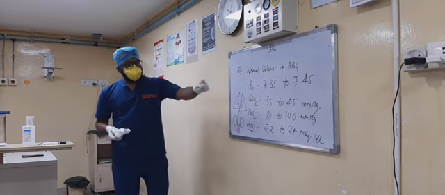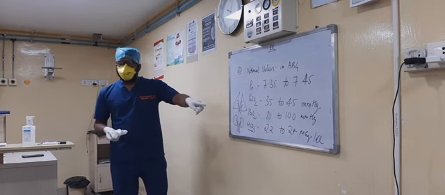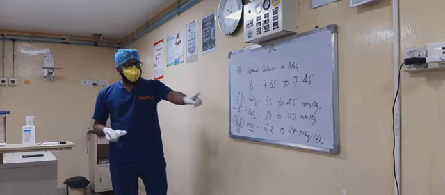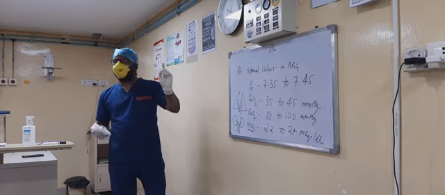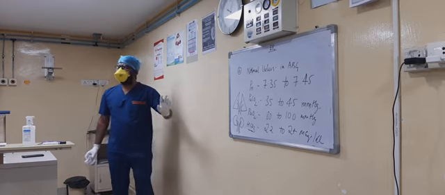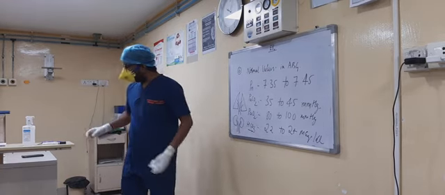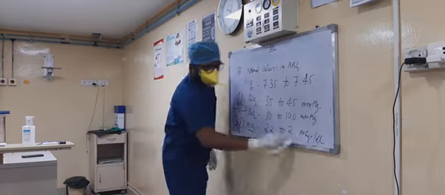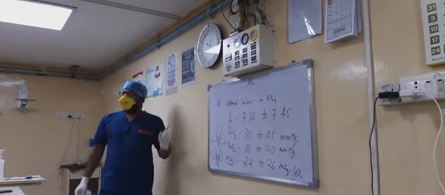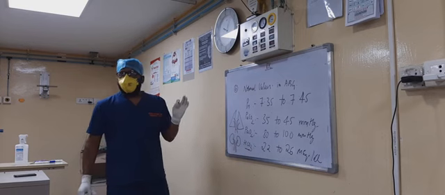Okay? 7.35 to 7.45, 35 to 45, 80 to 100, 22 to 26, sorry. I told 26, but I have written 24. Understood, no? These are the normal values.